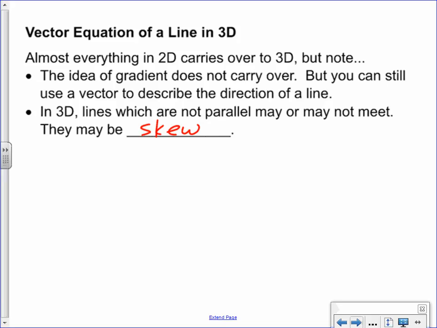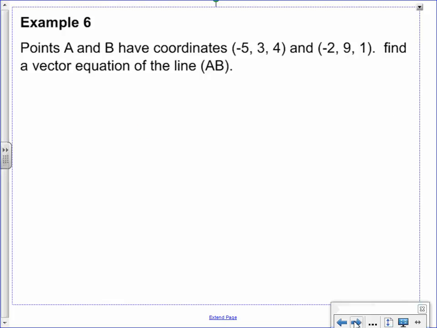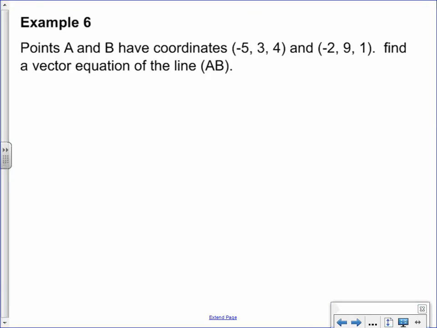Okay, so here we go. Points A and B have coordinates blah and blah. Find the vector equation of line AB. Well, okay, nice.